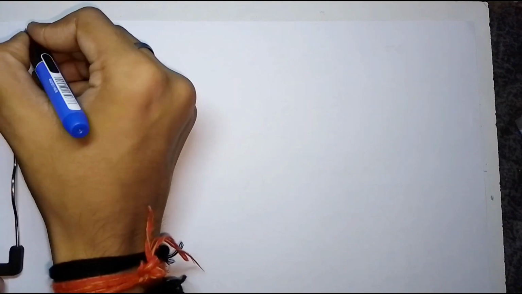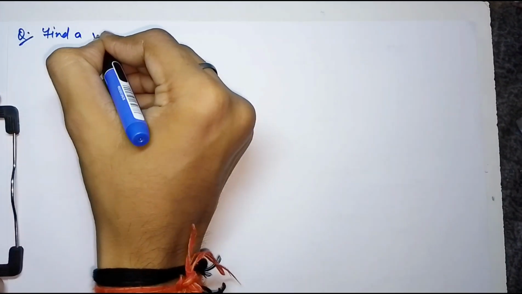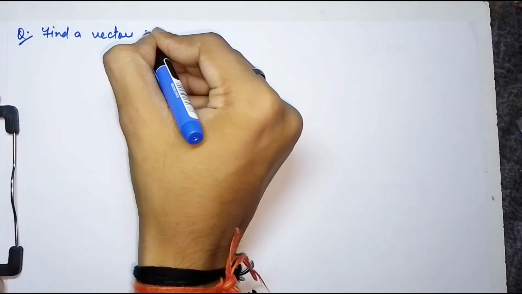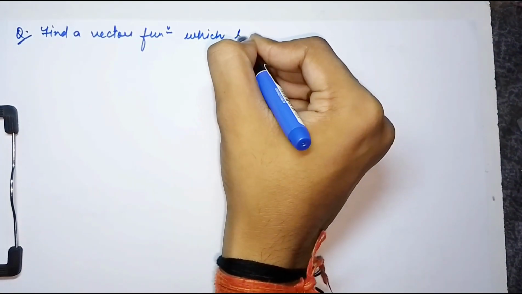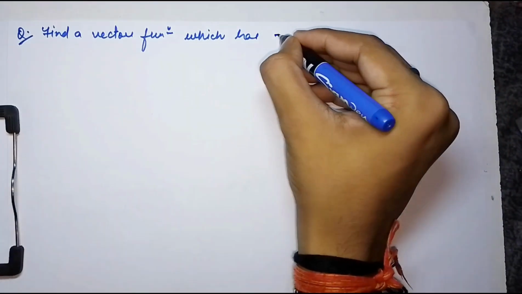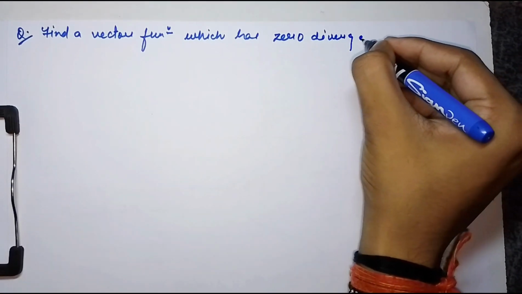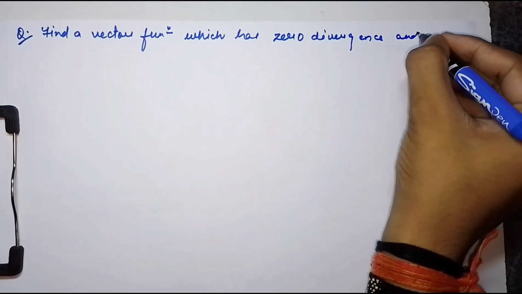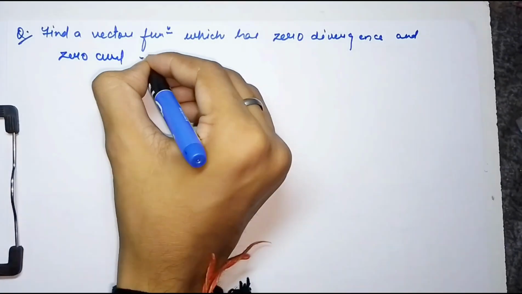So what you have to do is find a vector function which has zero divergence and zero curl everywhere.